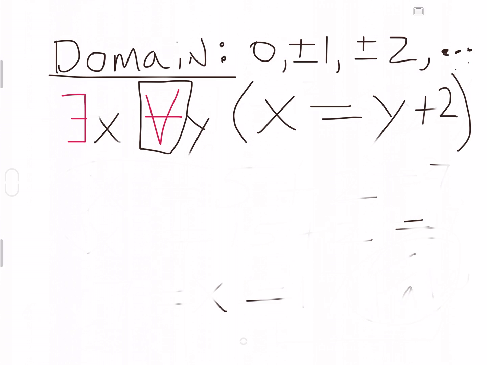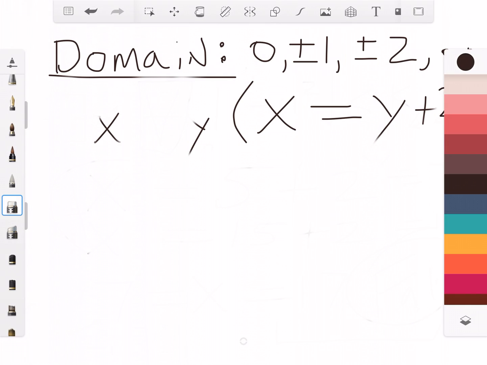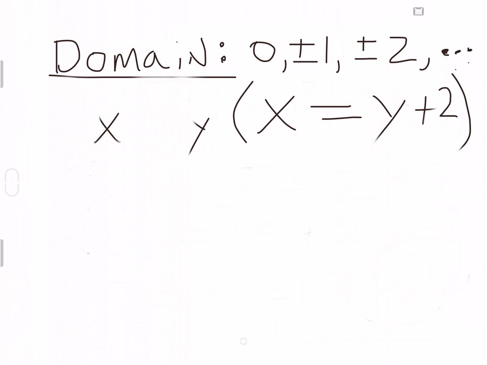Now let's look at another situation. Let's look at the original statement that we had before, for all x, there exists a y, but with a different domain.